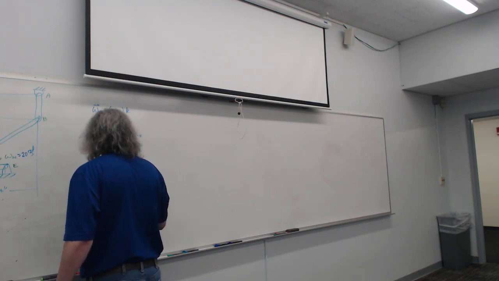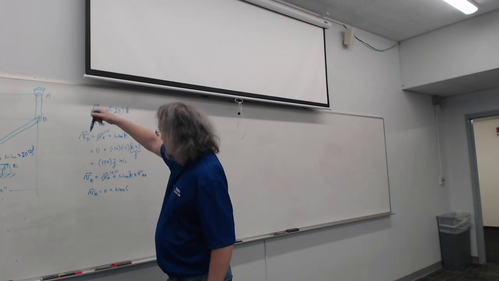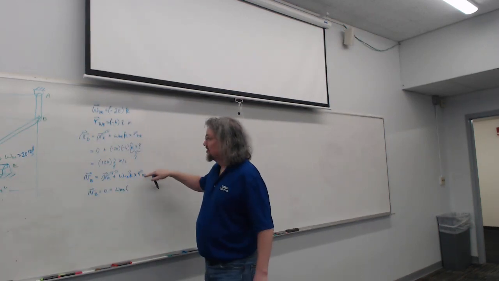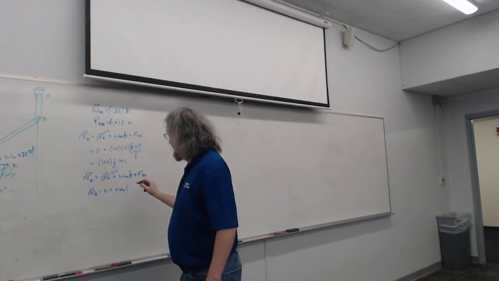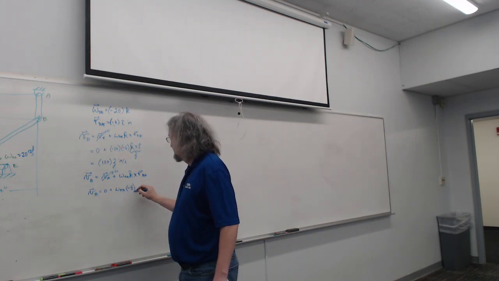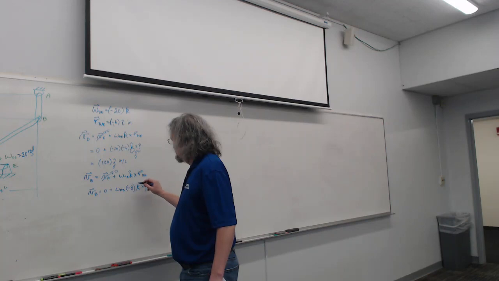Let's see, so it's going to be B with respect to A. So you're looking downwards, so it's going to be a negative 8. And we're going to have K crossed with J, which is negative I.